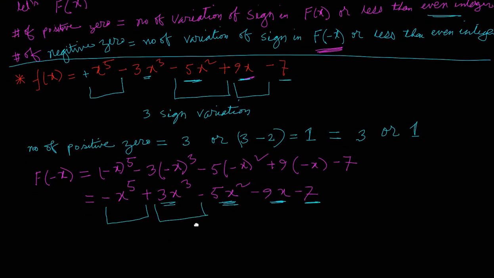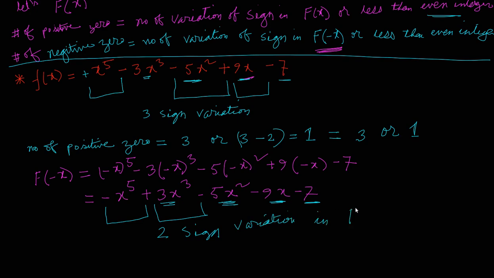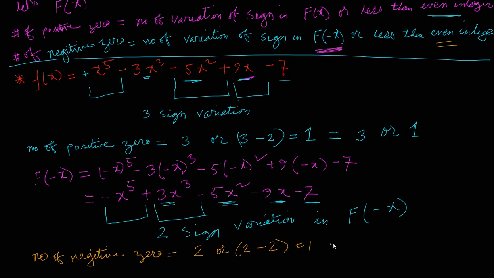So I have 2 sign variations in f(-x). The number of negative real zeros is 2, or 2 minus an even integer, which is 0.